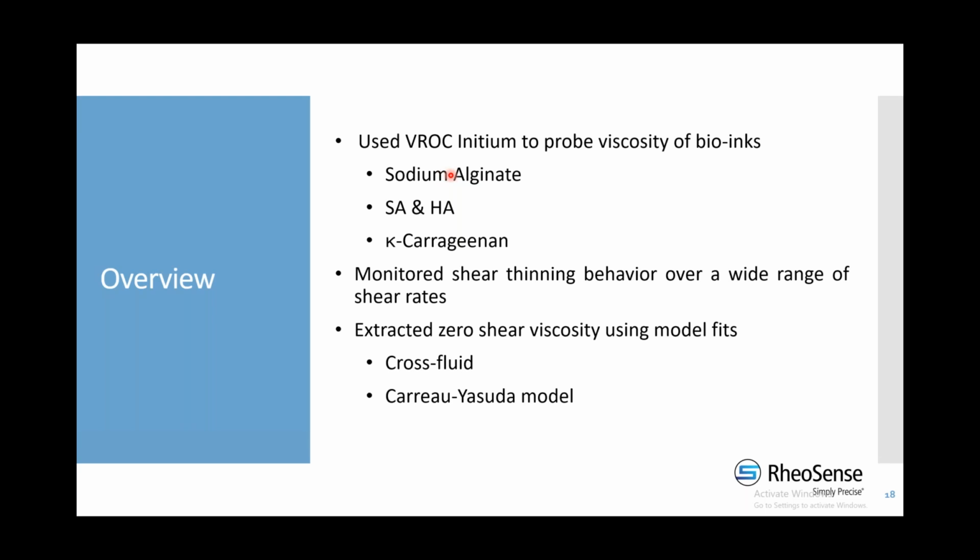We also see that all 3 hydrogels showed shear thinning behavior, which is compatible with printing requirements. Also, we were able to do further analysis and use model fits to measure zero shear viscosity and use that to estimate intrinsic viscosity of sodium alginate.